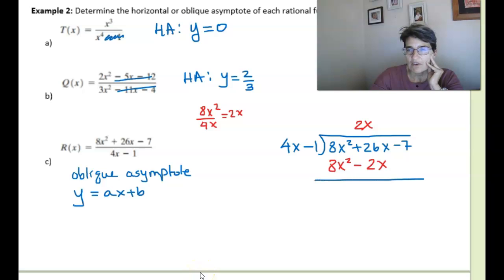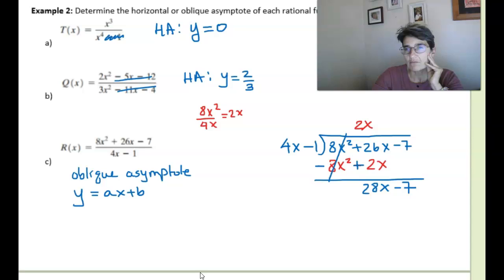The next part is to subtract this from the top. If I'm subtracting, I need to multiply by a negative number, so subtracting this is -8, and subtracting -2 is adding 2. So these cancel. This gives me 28x, and this one I'm going to bring down.